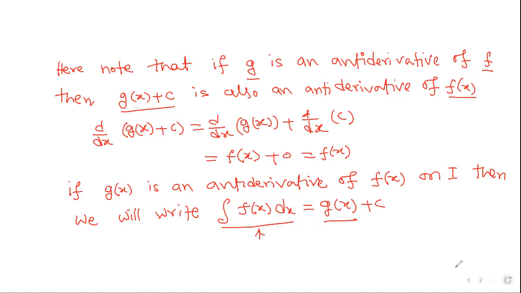Okay, so let's do it for the function f(x). We can take as an example f(x) equal to 1 over x. If we take this function, then it is continuous everywhere except at the origin.